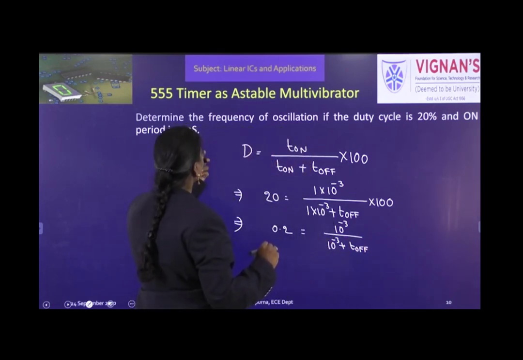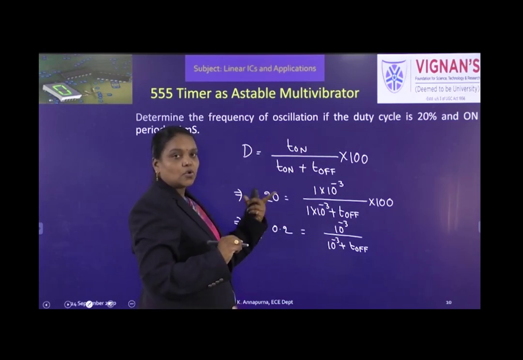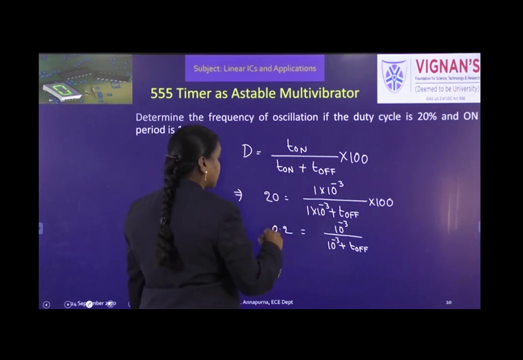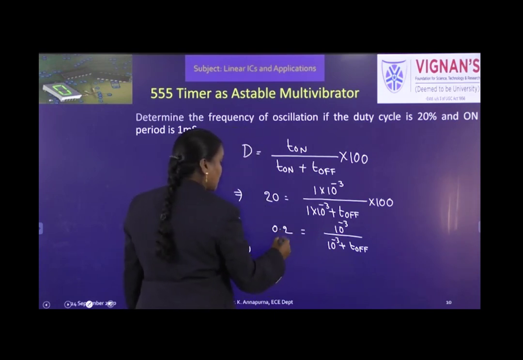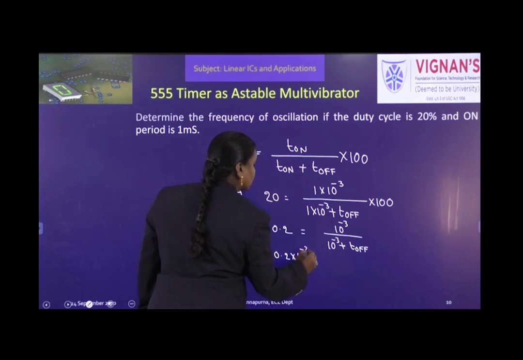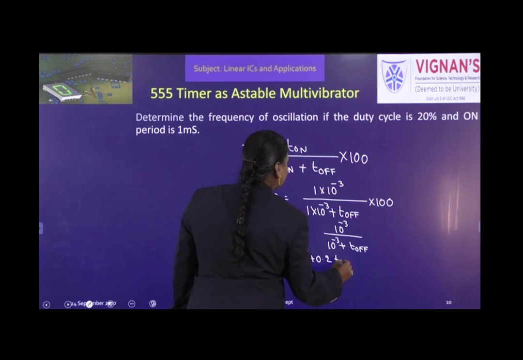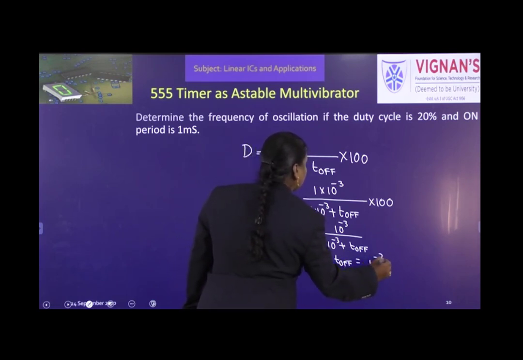So to find the frequency of oscillation, first we need to find T off. Then total time becomes T on plus T off, and 1 by total time will give you the frequency. So first let us find T off. Cross multiplication: 0.2 into 10 power minus 3 plus 0.2 into T off is equal to 10 power minus 3.